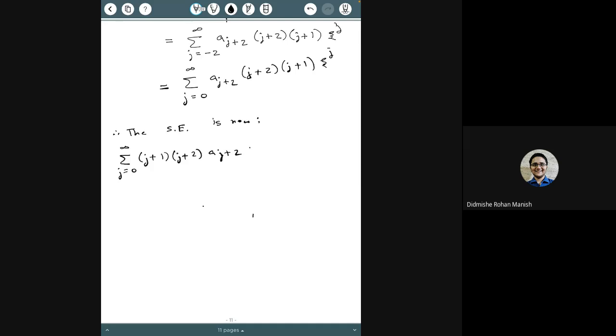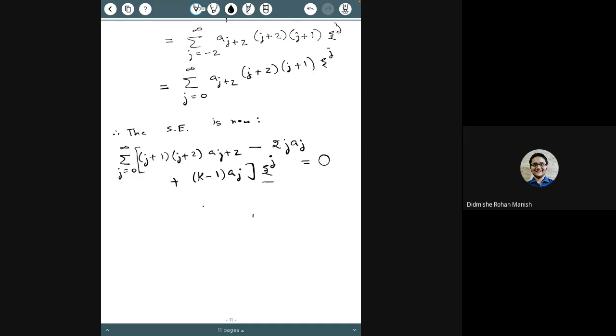Then you have the second term, which is 2aj into j, plus k minus 1 into aj multiplied by xi to the power j is equal to 0. So this is what I wanted to do basically. I wanted to have xi to the power j in all three terms so that I can take that common.